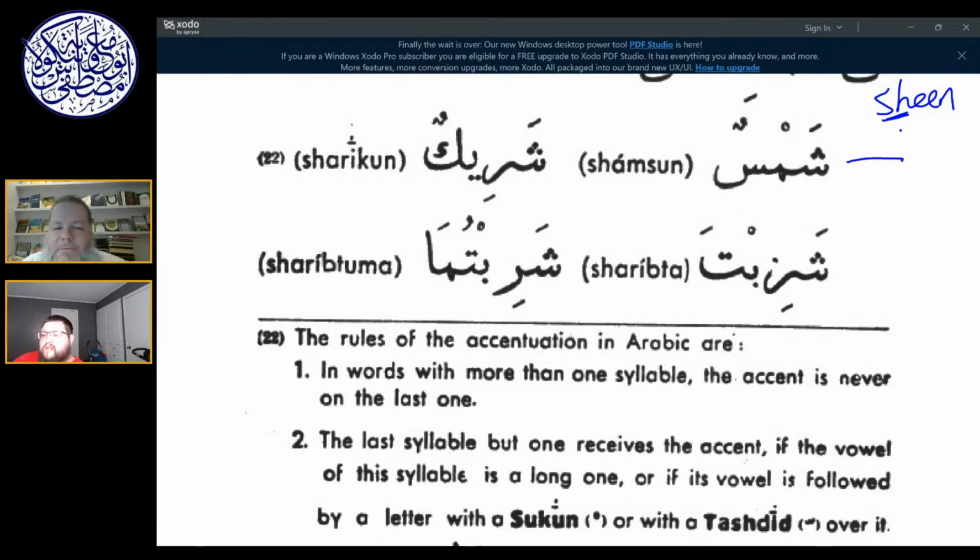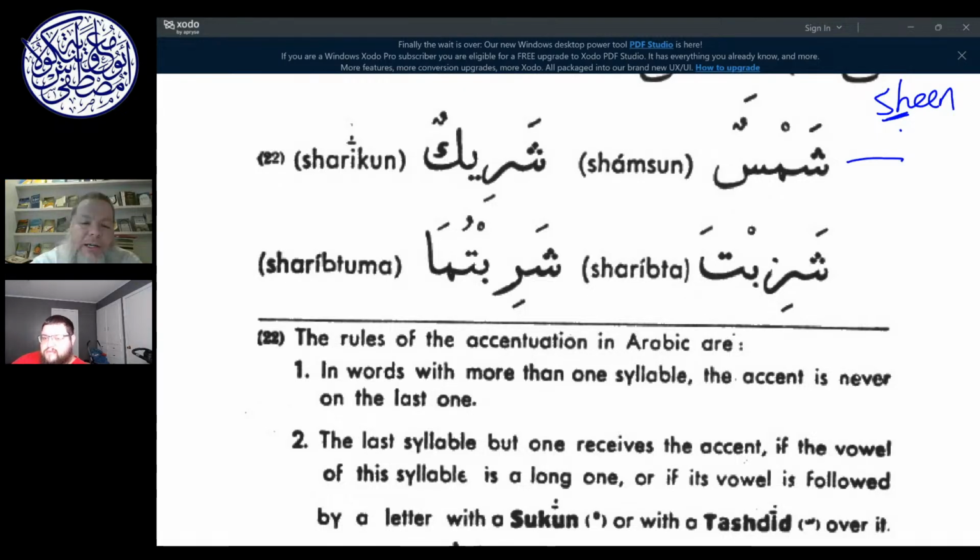What's the last letter, is it an L or an Aleph? That's an aleph. If it was a lam, it would be like this. Okay, right? Sharibtuma. Not sharibtuma or sharibtumma.